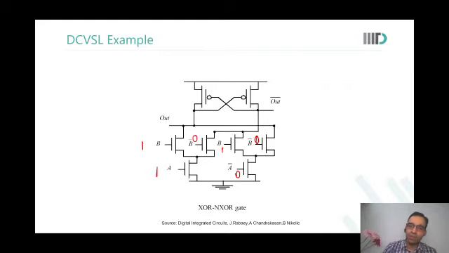So what happens? This stack is completely off. There is a discharge path from here. So out wants to go to 0, at least, and gets discharged from here.